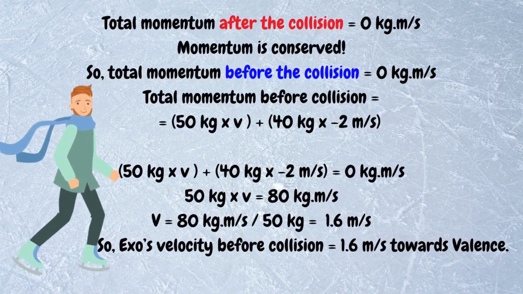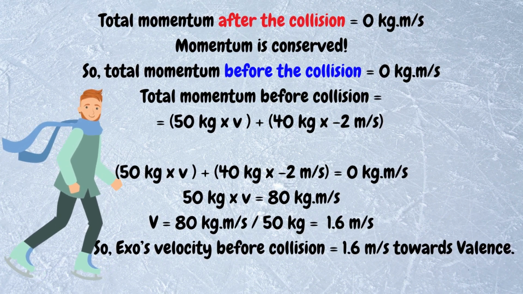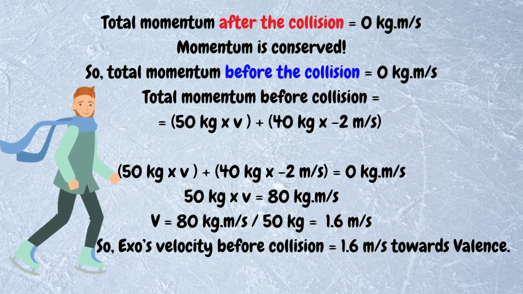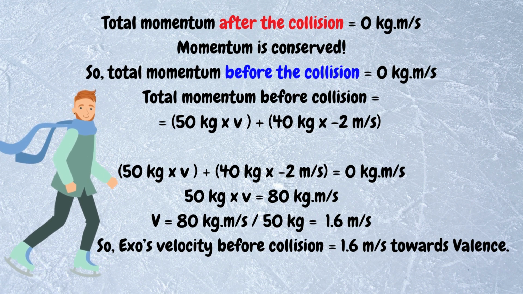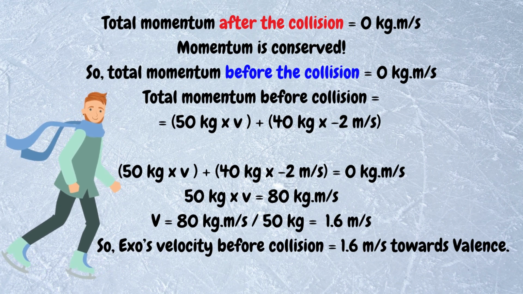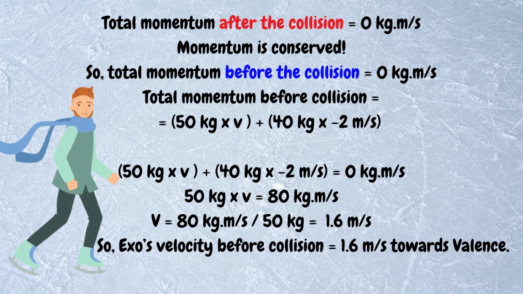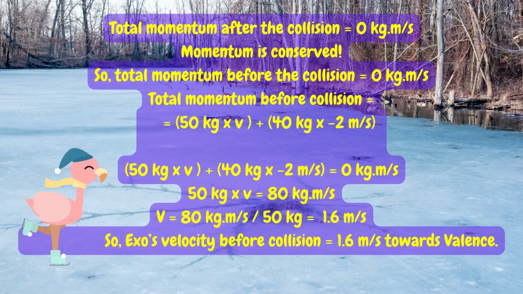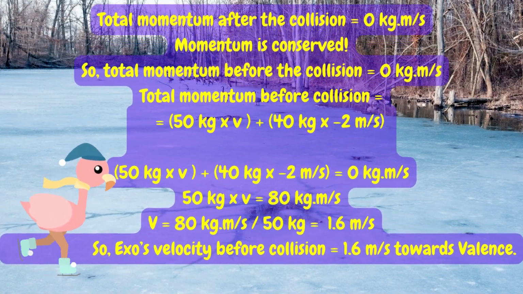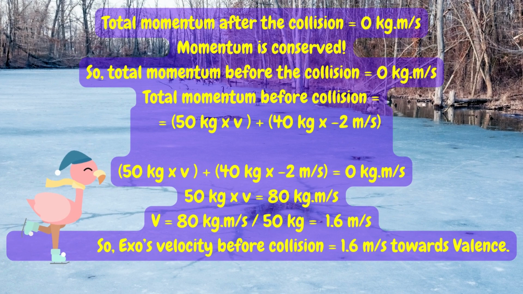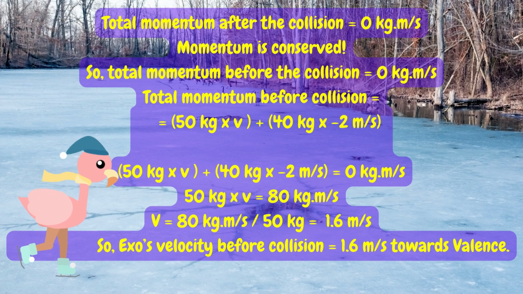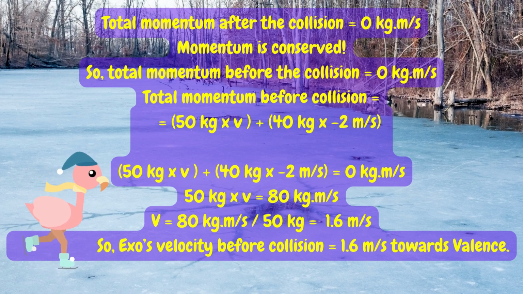Total momentum after the collision equals 0 kilogram meter per second, since they both came to a stop. Since momentum is conserved, total momentum before the collision is also equal to 0 kilogram meter per second. Total momentum before collision is the combined momentum of both Exo and Valence, which equals 50 kilogram times the velocity v plus 40 kilogram times negative 2 meter per second, since Valence was moving in the opposite direction.